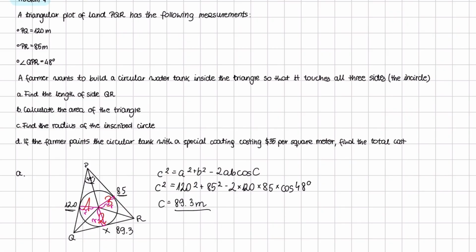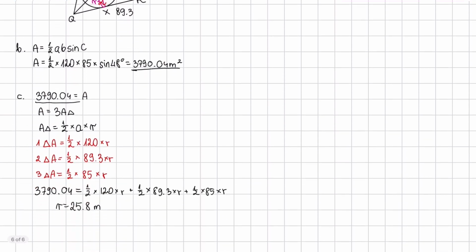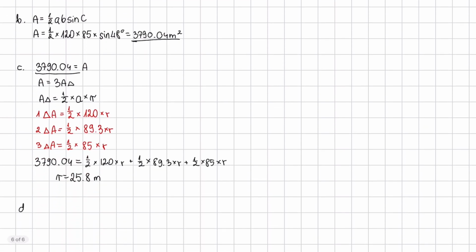And part E, an easy one. If the farmer paints the circular tank with a special coating costing $35 per square meter, find the total cost. Firstly we have to calculate the area of the circle. So area is pi times r squared, so pi times 25.8 squared, and we have to calculate it.